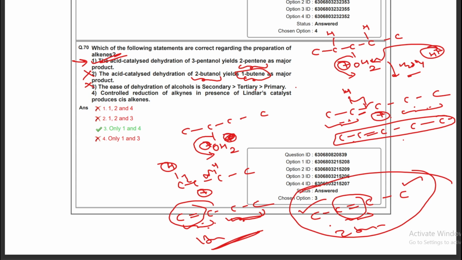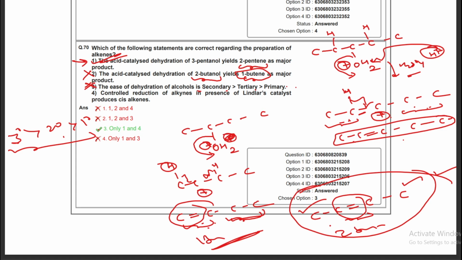Clear? And at the end you also have to look at whether your alkene is going to be more substituted. These are the two factors: one is stability of the carbocation, and the second is a more substituted alkene, which you will see in tertiary as compared to secondary as compared to primary alcohol. So the order should be tertiary, then secondary, then primary, not secondary, tertiary and primary. So the third statement is also incorrect.